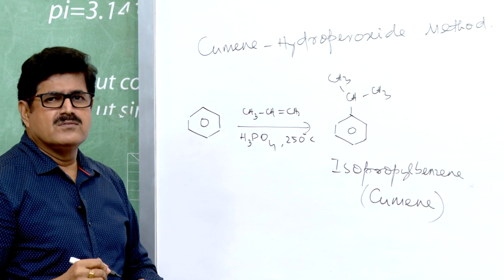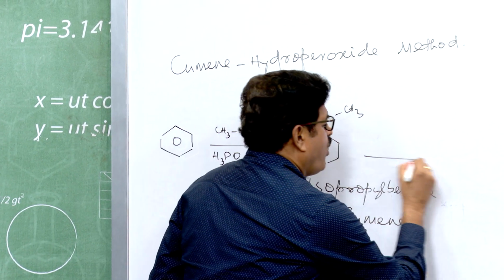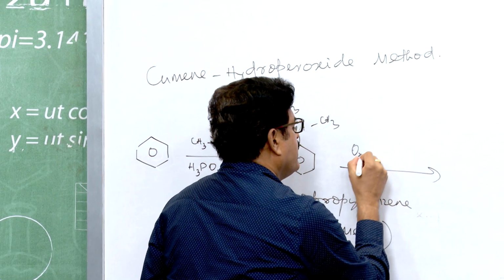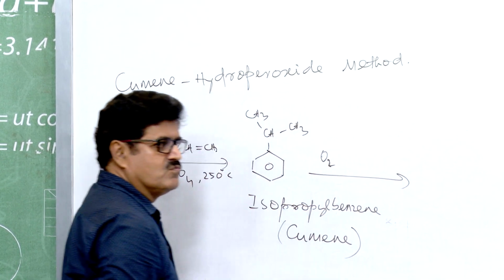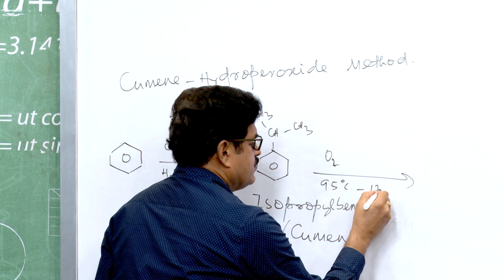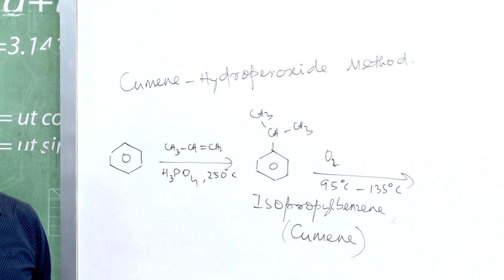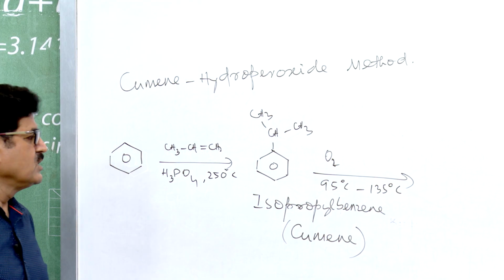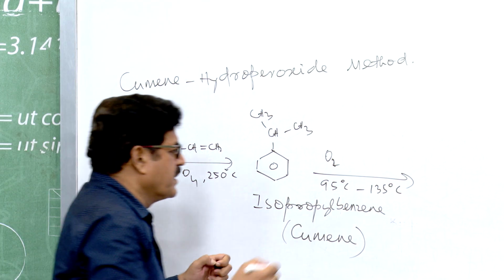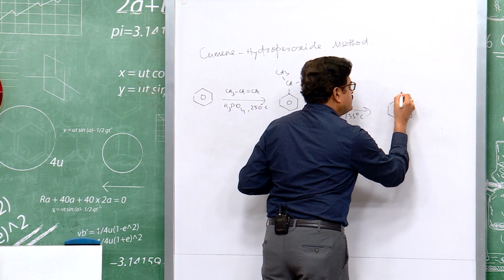This is cumene. So, when cumene is oxidized by oxygen in the temperature range 95 to 135 degrees centigrade, it gives cumene hydroperoxide.